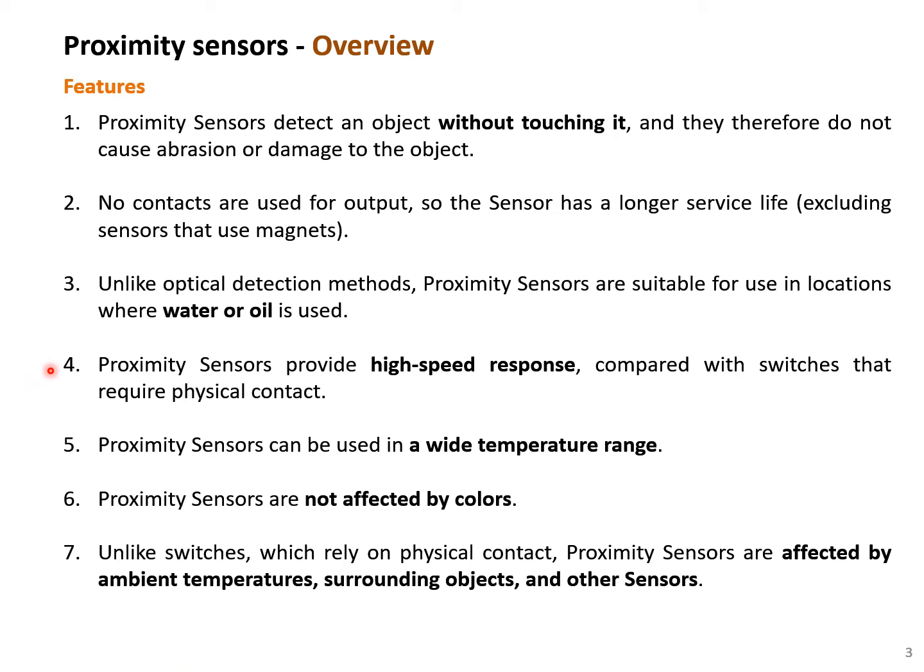Proximity sensors provide high-speed response compared with switches that require physical contact. Proximity sensors can be used in a wide temperature range. Proximity sensors are not affected by colors. Unlike switches, which rely on physical contact, proximity sensors are affected by ambient temperature, surrounding objects, and other sensors.